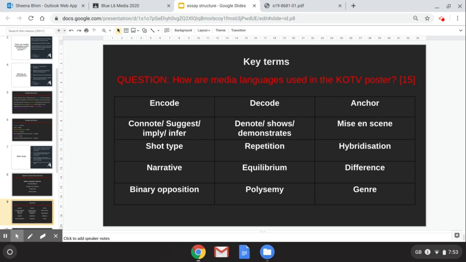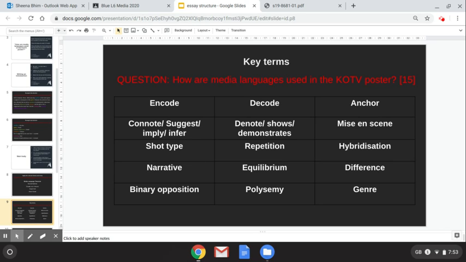I've also put you some other alternatives for connote and denote, just in case you get bored of using those words. The shot types, so from mid close-up to long shot to extreme long shot to extreme close-up, repetition, difference, hybridization, narrative, equilibrium, polysemy, binary opposition, and genre.